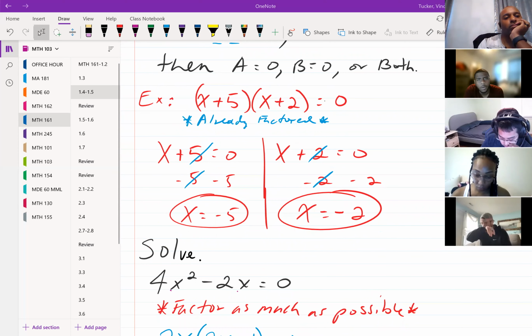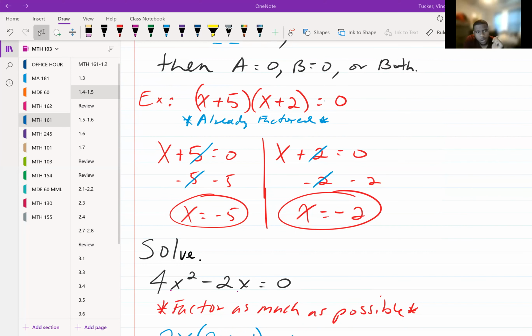Mr. Tucker, in the example, why not just FOIL the x thing out, or do you just need it like that? If you FOIL it out, then you have to ask yourself, where are you going? Mathematically, you always have to make sure that whatever you're doing, you have a thought process as to where you're going.